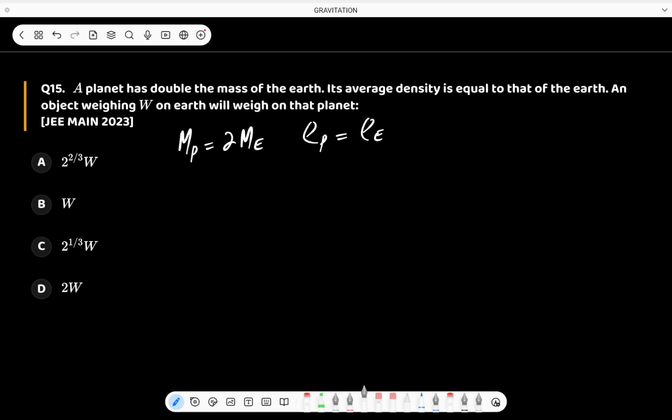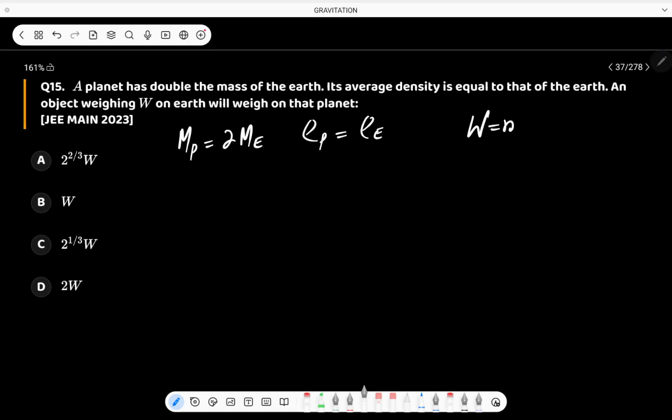One thing that's very important is that whatever will happen to the acceleration due to gravity will happen to the weight, because you know that weight is equal to mass into acceleration due to gravity. Now the first thing I have to write down is the acceleration due to gravity in terms of mass and density, or how it depends upon the mass and density of a planet.